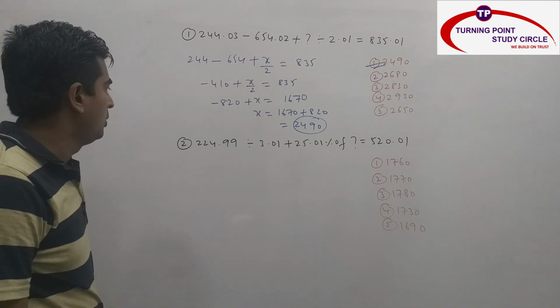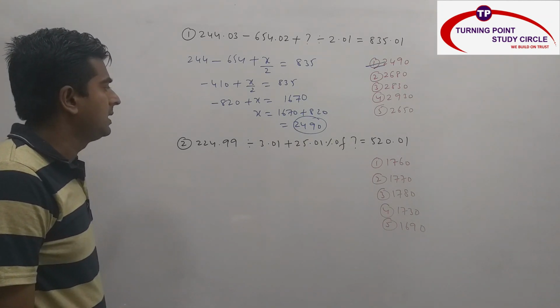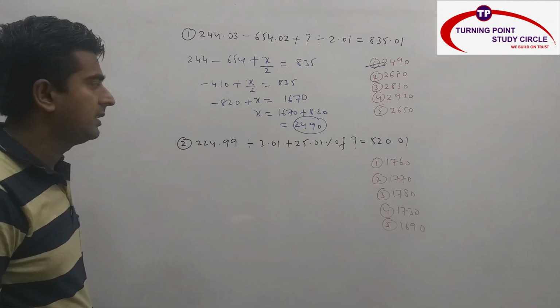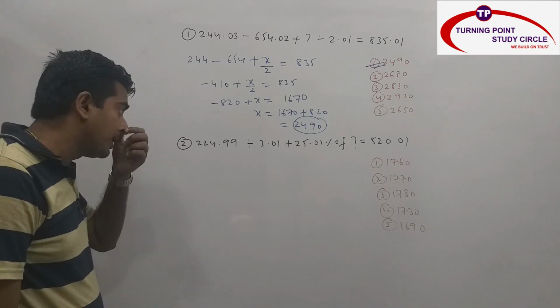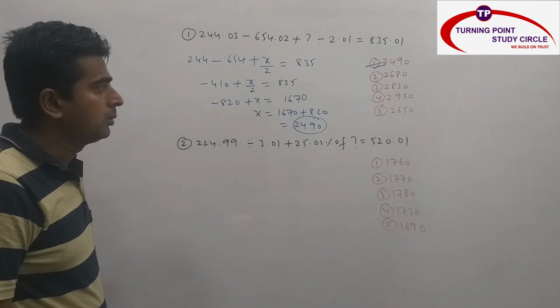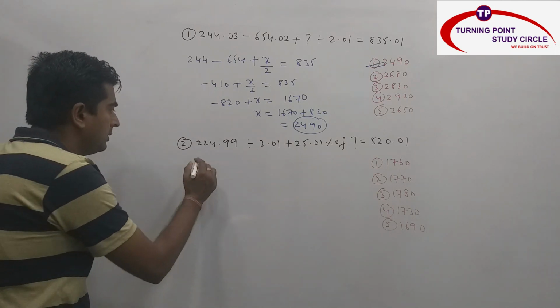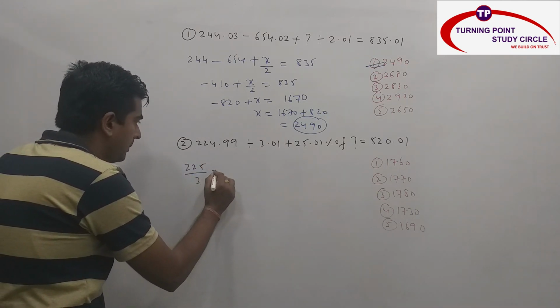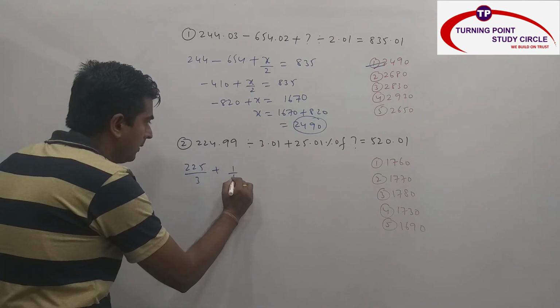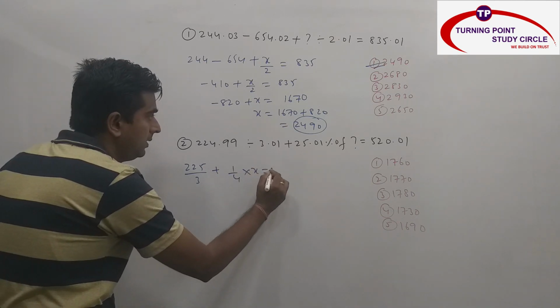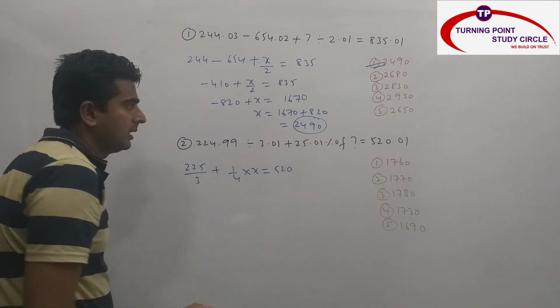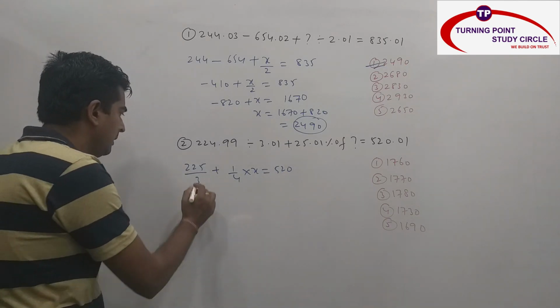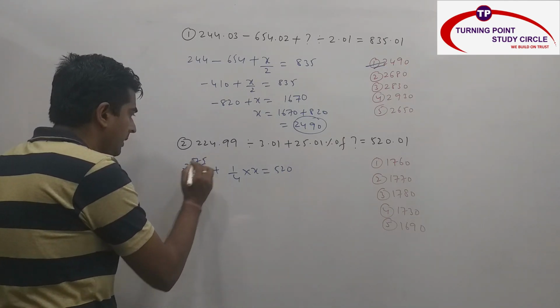Second one, 224.99 divided by 3.01 plus 25.01% of question mark is equal to 520.01. So this is nothing but 225 by 3 plus 25% which is 1 by 4 into x is equal to 520. 520.01 is 520. 3 7s are 75.